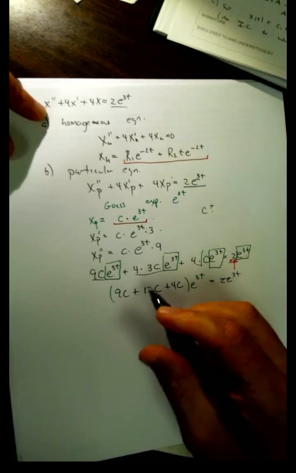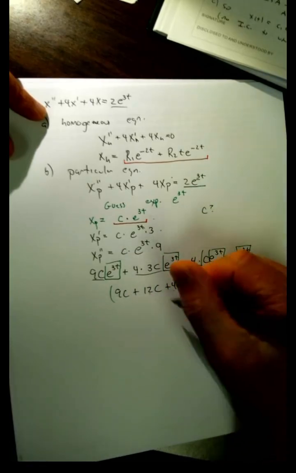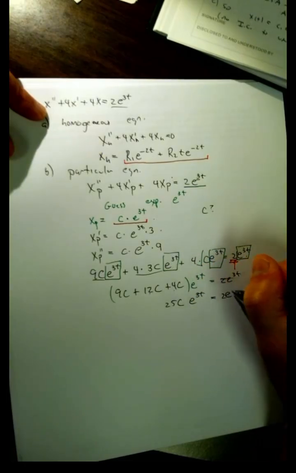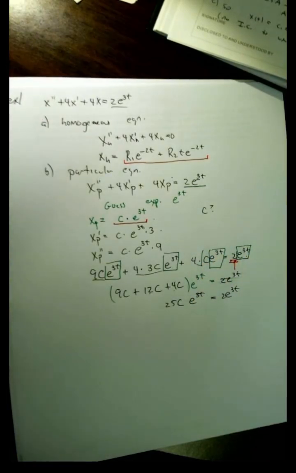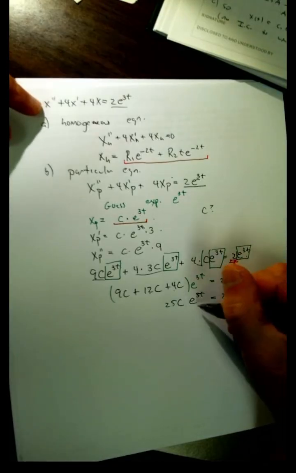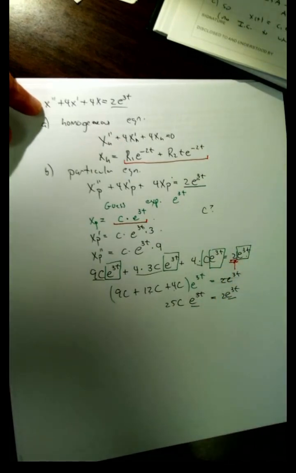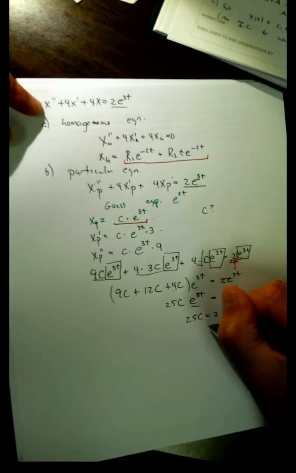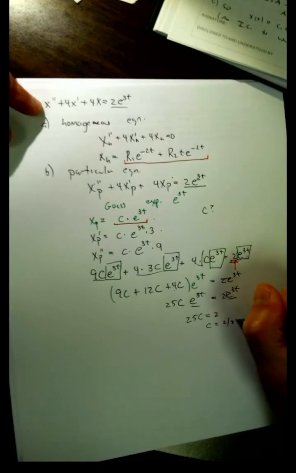So let's see, 25c e to the 3t equals 2e to the 3t. This has to be true for every t, so I can factor that out or ignore it. So I get 25c is 2, or c equals 2/25.